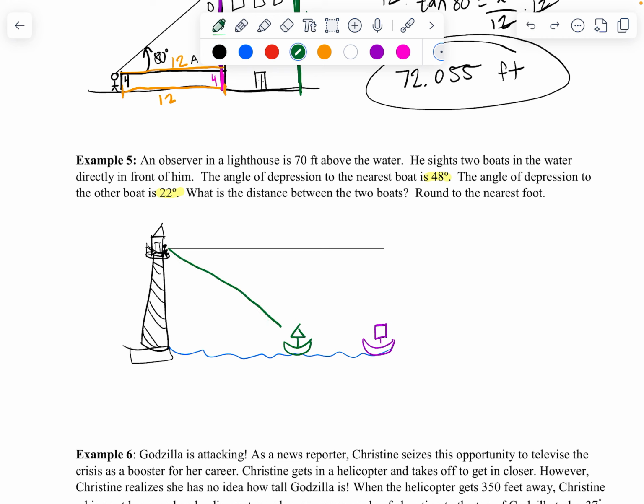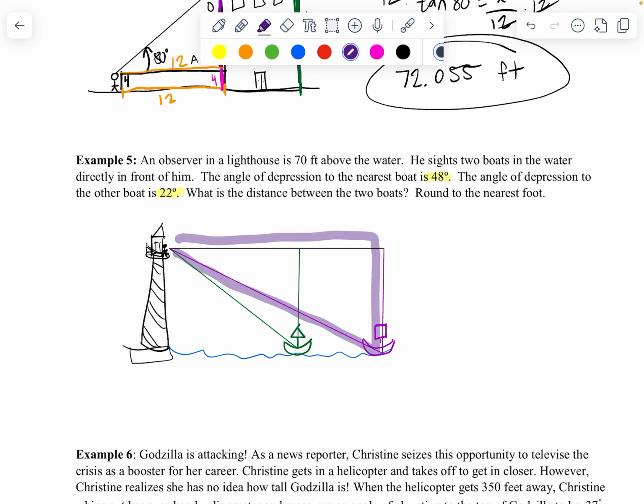So he's looking at boat number 1, which is down here. And we also have boat number 2 all the way over there. Okay. So if I were to just draw a line straight up from the first boat, that's your first triangle right there. And here is our second triangle from the second boat. All right, so triangle number 1 will be right there. And then 2 will be here.